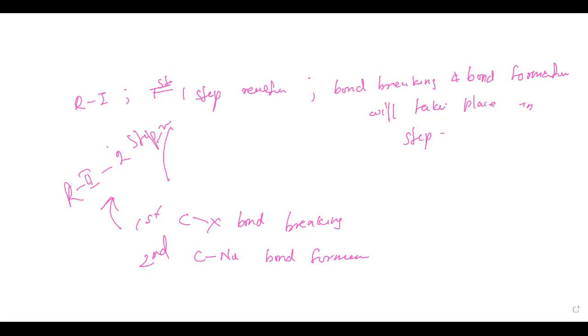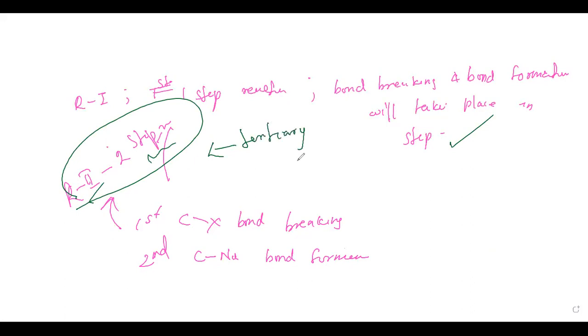Again, I am just summarizing for you all. The first is the primary alkyl halide, where the bond breaking and the bond formation take place in one step simultaneously. The reaction 2 has 2 steps because that is the tertiary alkyl halide. With the tertiary alkyl halide, you will end up with two steps.